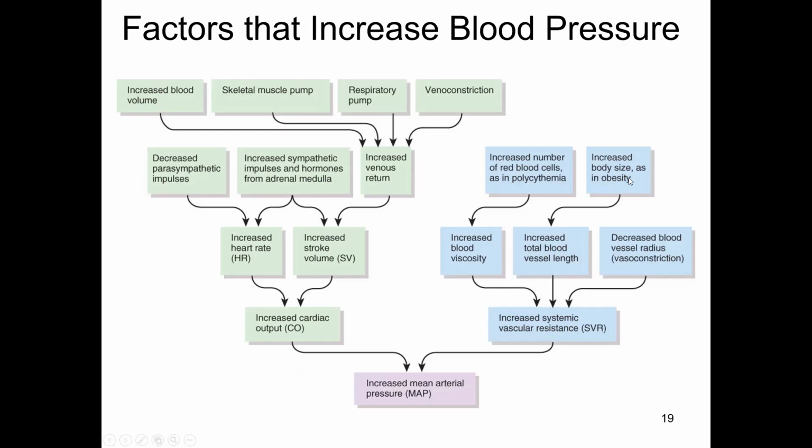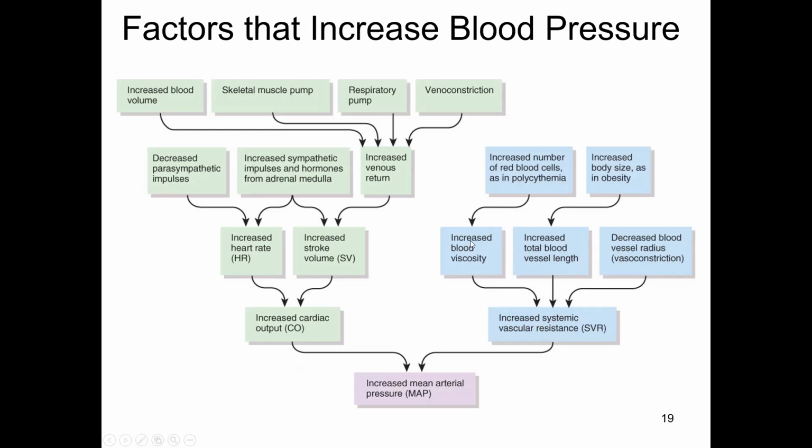So in a 100-pound overweight individual, there are 500 miles of extra blood vessel length, and that tends to increase the blood pressure of that individual. So obesity and high blood pressure is linked through this effect, increased total blood vessel length.